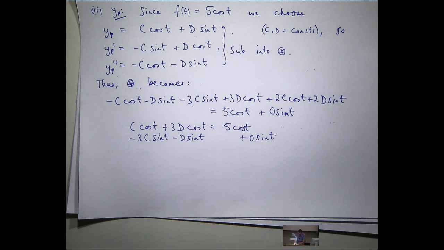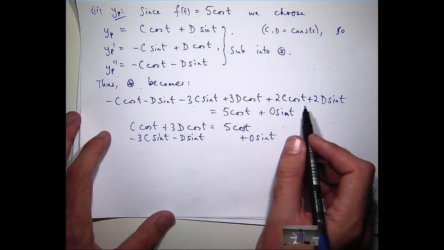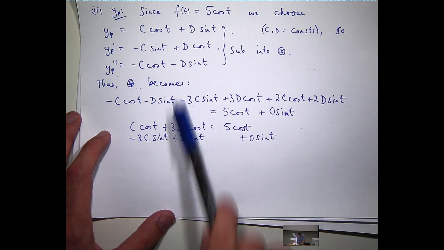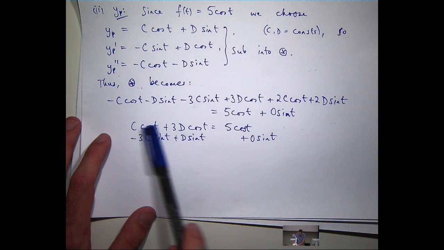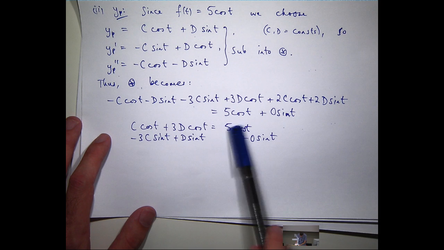I think that should be a positive, yes. So that and that gives you a positive, right? Whew. Now, you can basically cancel off the cosines, cancel off the sines.